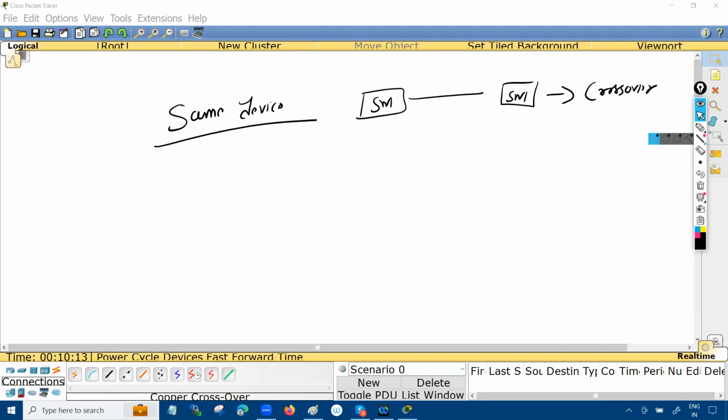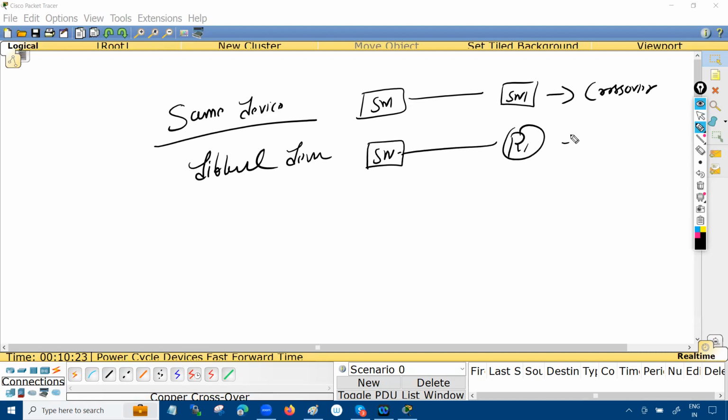If you have different devices, for example a switch and a router, then you have to go with a straight cable. This one is a straight cable, this one is a crossover cable, and this one is the fiber optic cable.